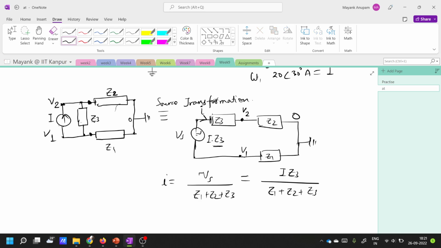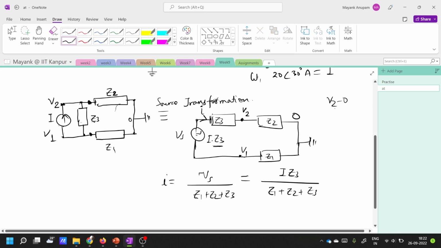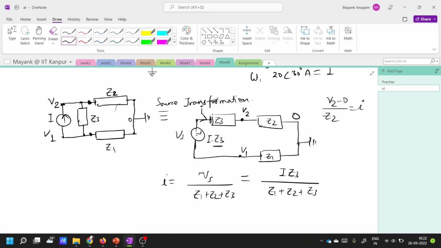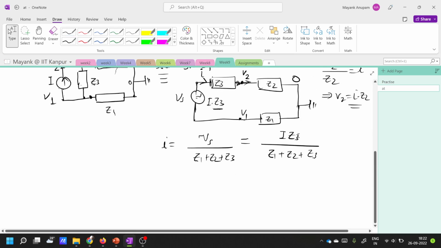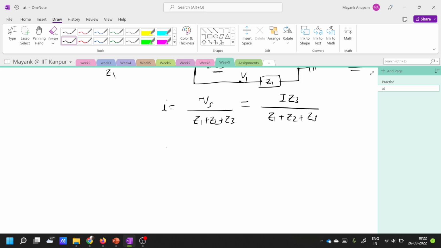If you write a simple equation here, it becomes V2 minus 0 divided by Z2 is equal to I, right? I have applied KCL at this node, by the way. The current coming here is I, and the current flowing out of here is V2 minus 0 divided by Z2. So it shows that V2 is equal to I times Z2, right? So what is the node voltage V2 that we are interested in?